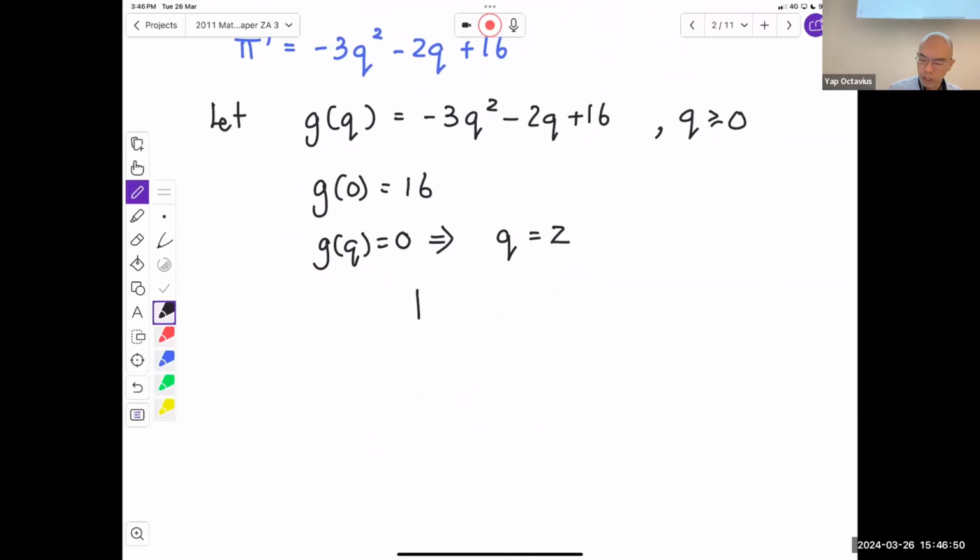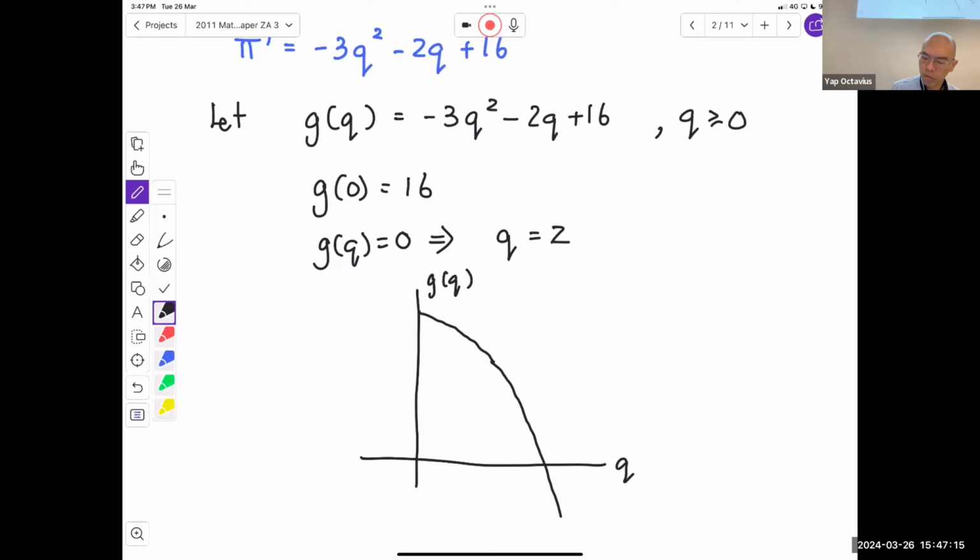So this graph is just going to look something like this. Okay, this is your Q. This is your G of Q. Now this is 2. This is 0.